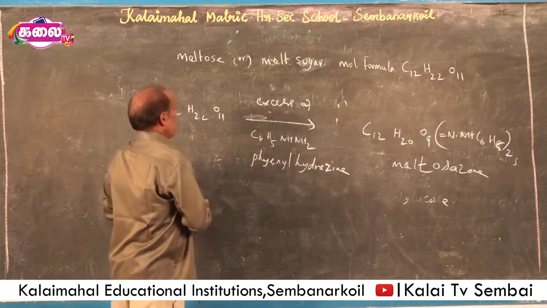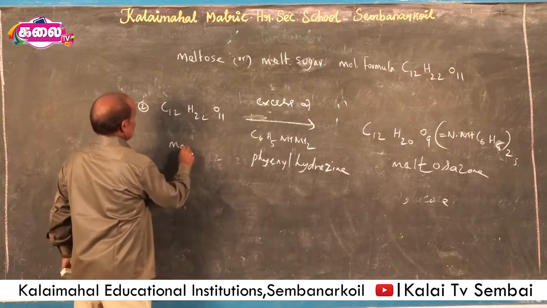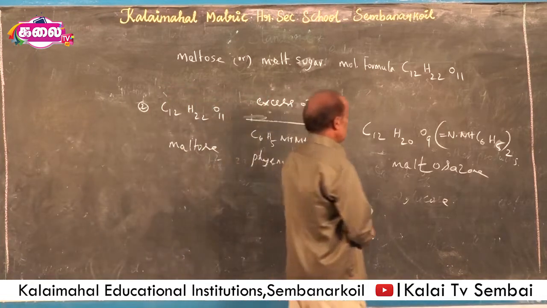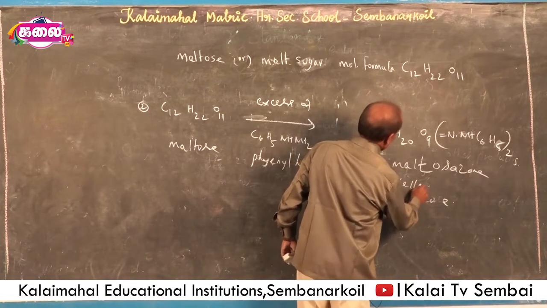So maltose reacts with phenylhydrazine, and we get maltosazone, which is a yellow color precipitate.